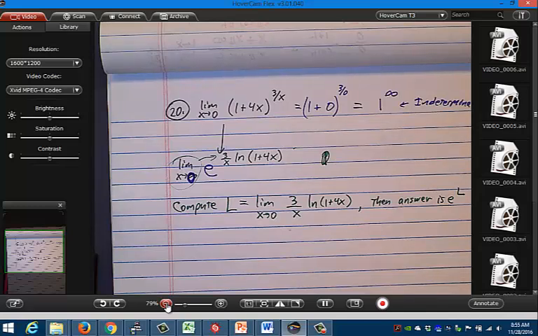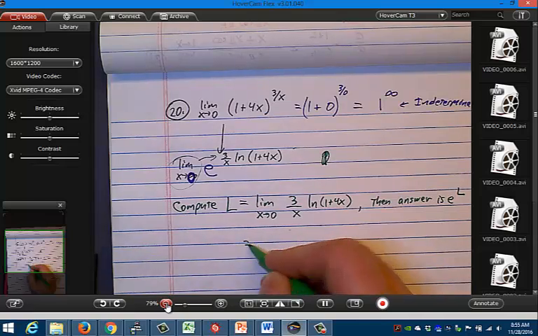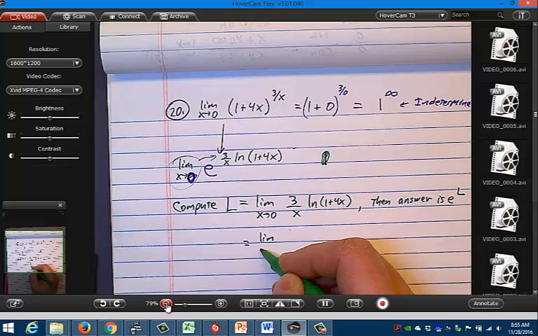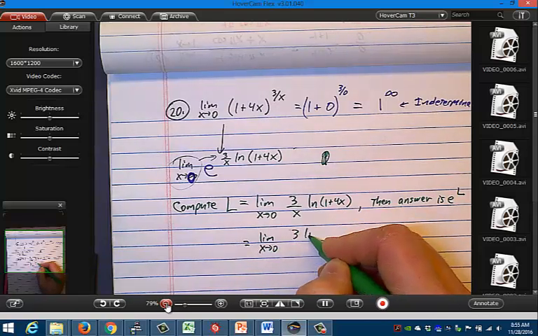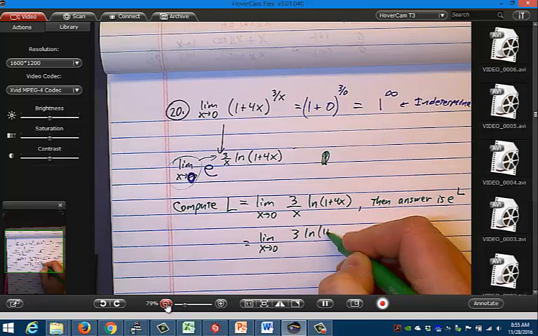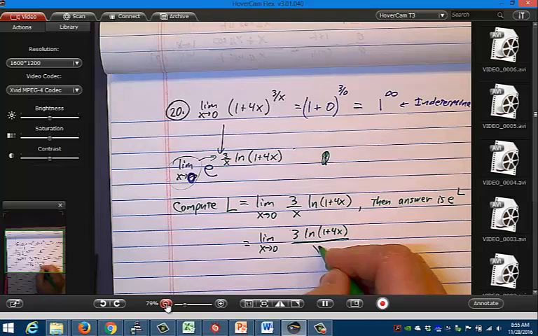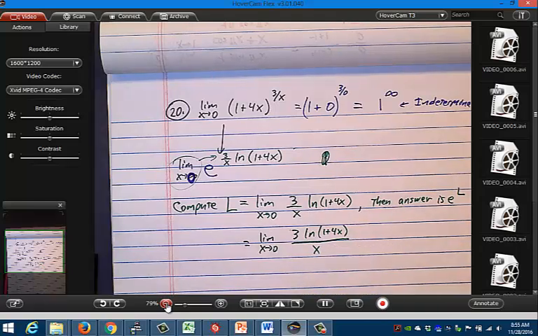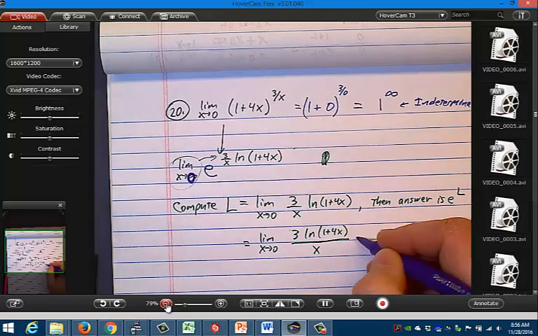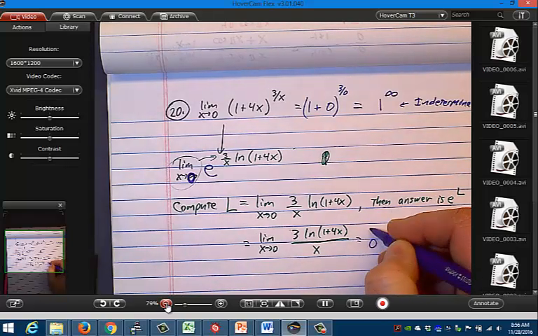Right now, when I go to compute L, I'm getting the limit as x approaches 0. If I want to write it as one big fraction, it's 3 times the natural log of 1 plus 4x over x, right? So you get 0 in the denominator, and you get 3 times the natural log of 1 in the numerator.